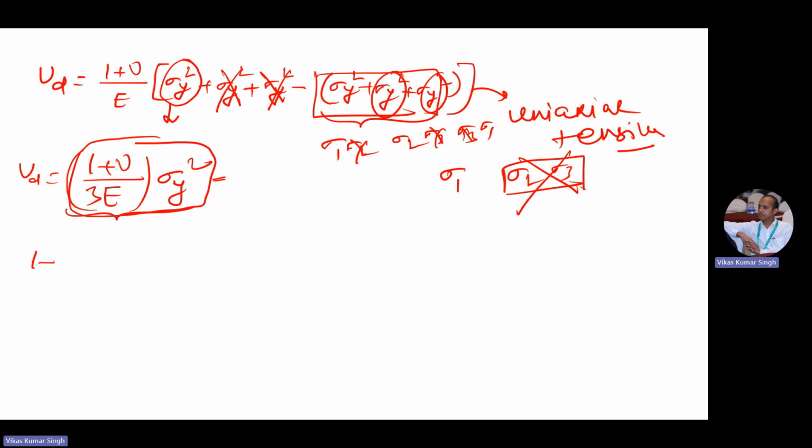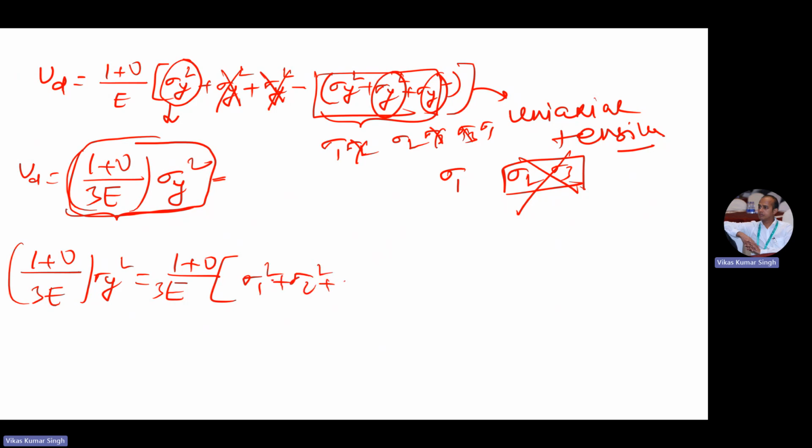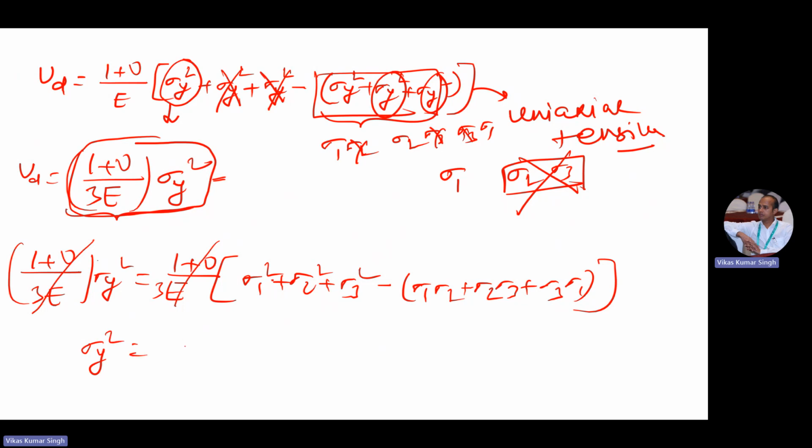Suppose the (1 plus nu) by 3E sigma y square is equal to (1 plus nu) by 3E times the value sigma 1 square plus sigma 2 square plus sigma 3 square minus (sigma 1 sigma 2 plus sigma 2 sigma 3 plus sigma 3 sigma 1). So the common factor will be cancelled, and from here we get the condition sigma y square equal to this whole term.